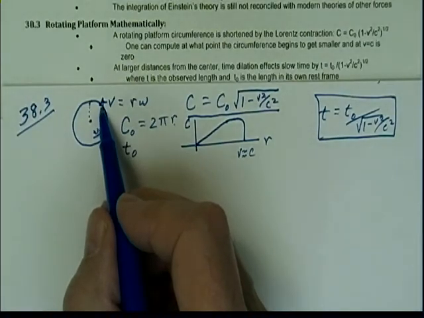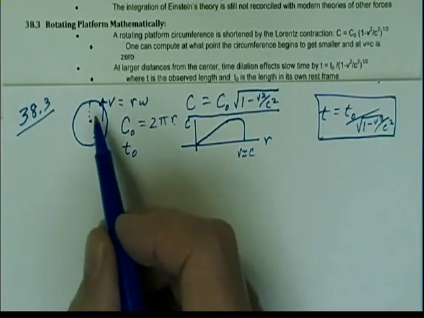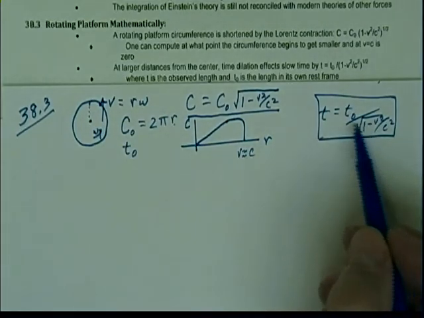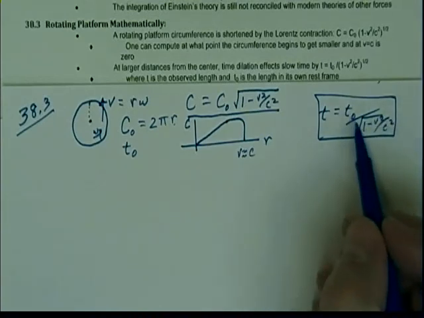You could wait out there, you're almost going the speed of light, and you're feeling enormous acceleration, remember, because you're going around. However, because of that, your time is going to almost stand still. Why is that?